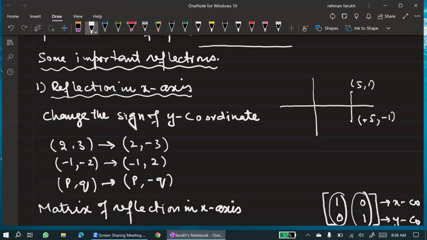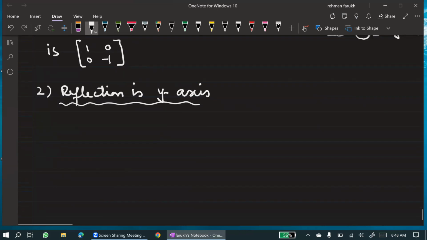When we reflect this point 5, 1 in the y-axis, its distance from the y-axis will remain the same, and the position of the point will be like this. Now the coordinates of this point are -5 and 1. We can observe that we will generalize this result. In the case of reflection in y-axis, we will change the sign of the x coordinate.